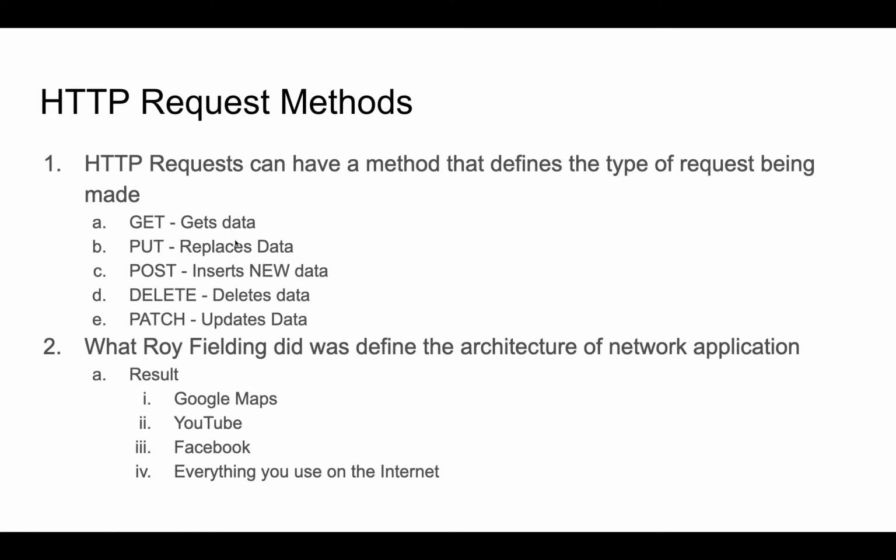What Roy Fielding did was define the architecture of the network application, because he saw that built into the HTTP protocol were all the operations needed to turn a web server into a database server, essentially.